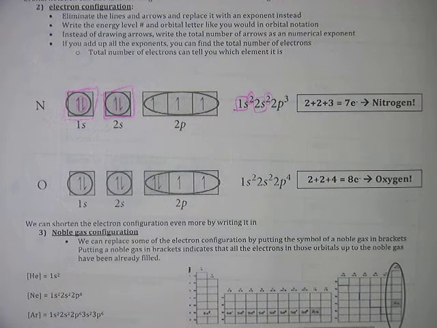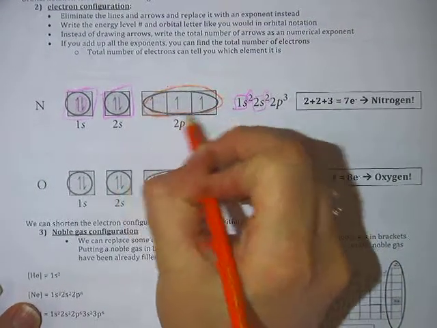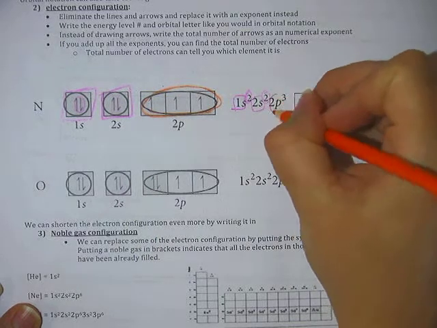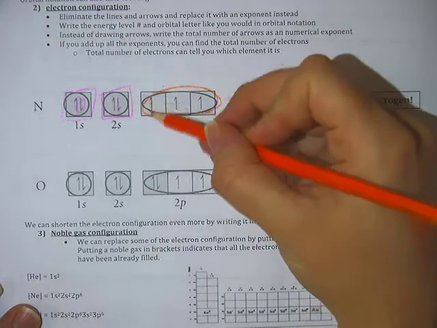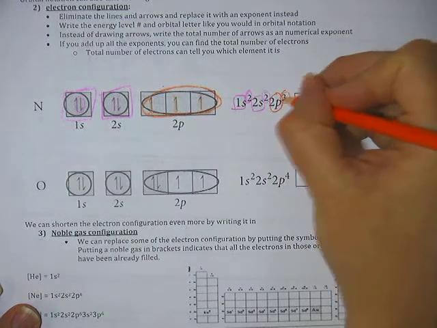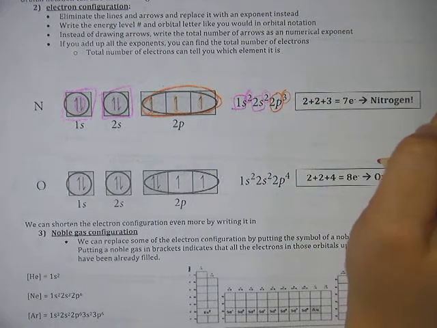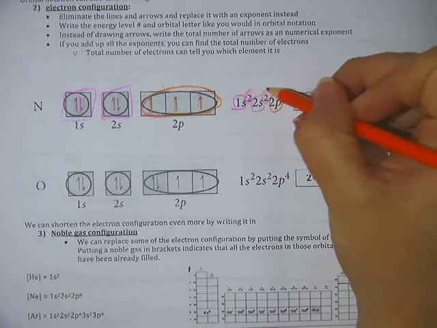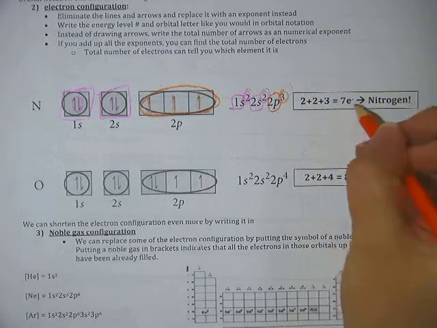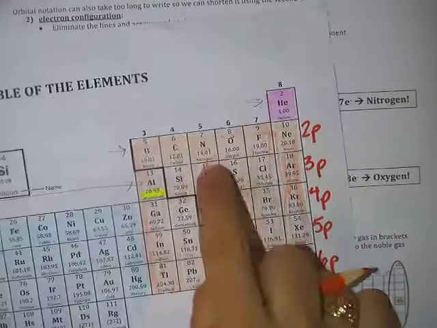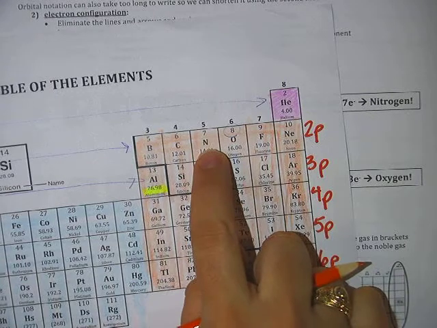Then we also have 2p here, and there were 1, 2, 3 electrons in it, so we wrote a 3 as an exponent. And then I'll point out, if you add up the 2, 2, and 3, 2 plus 2 plus 3 is 7. If you look at your periodic table, 7 electrons is nitrogen.